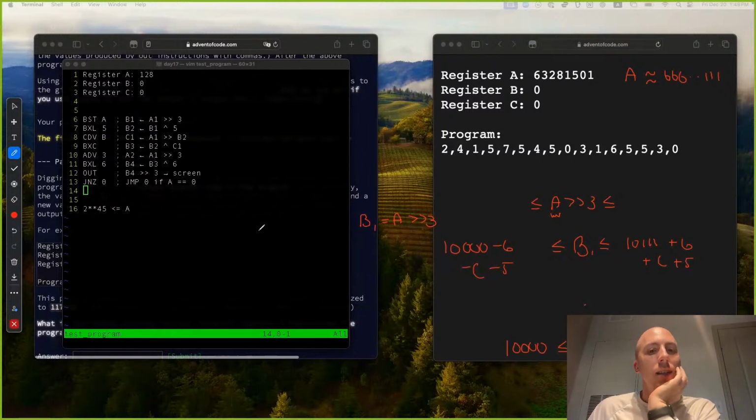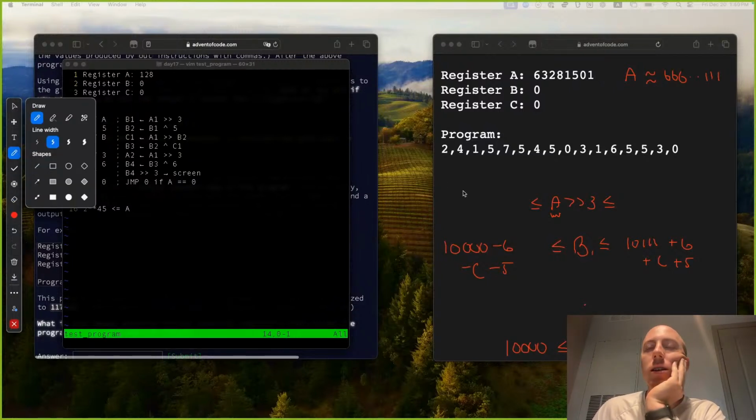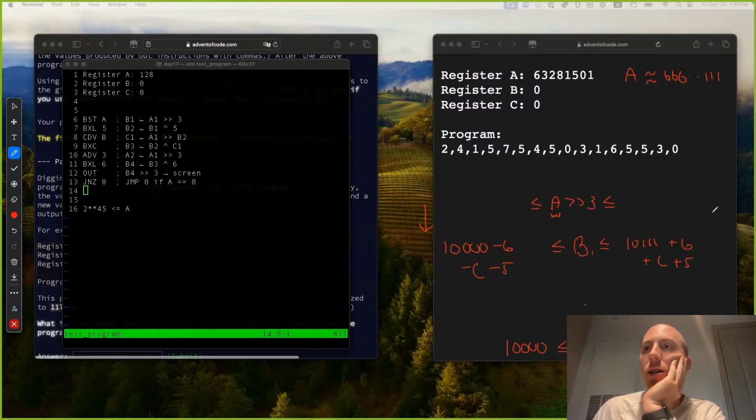It's kind of weird because in this forward direction, everything is very predictable and deterministic. We start off with A, and it's between two numbers, and it's very straightforward: we take A and bit shift it over by 3, and it's still going to be between X bit shifted over by 3 and Y bit shifted over by 3.